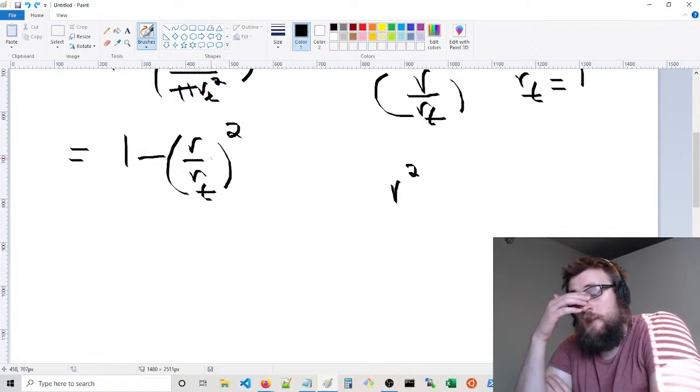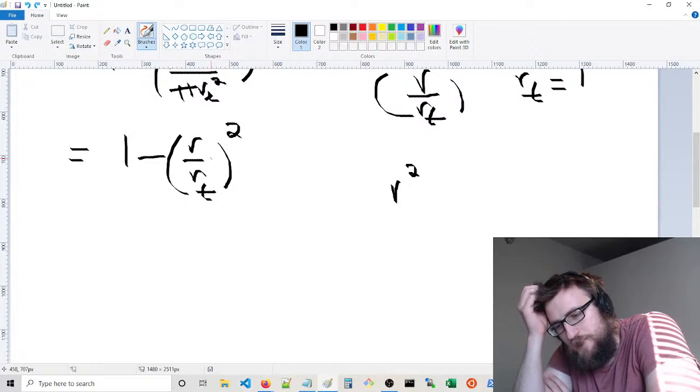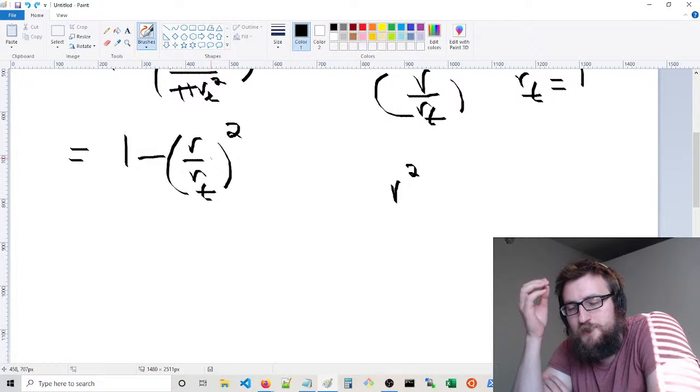So, because the area is increasing with r, the square of r, that means the number of points that have a particular radius is increasing with r squared. Okay.